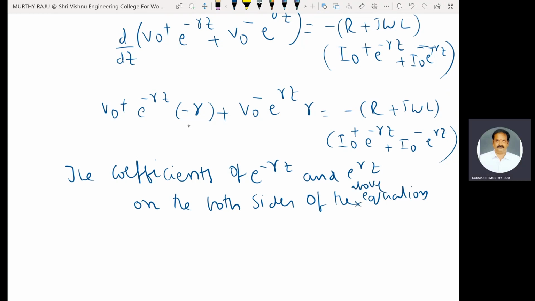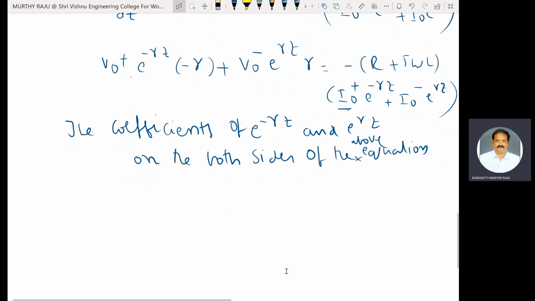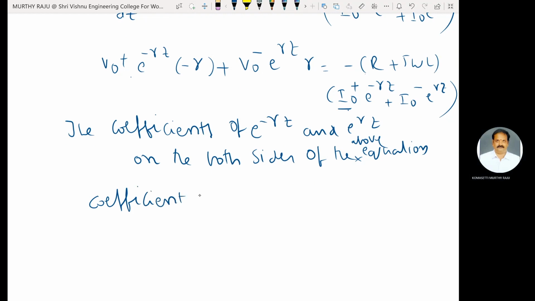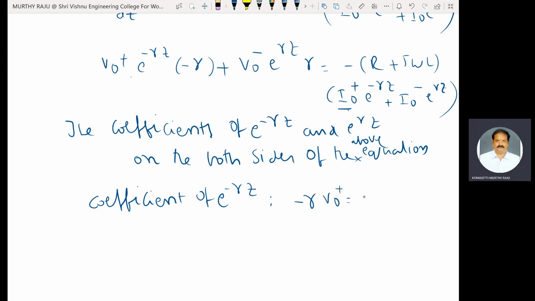The e power minus gamma z coefficient: minus gamma V0 plus is equal to minus (r plus j omega l) I0 plus.